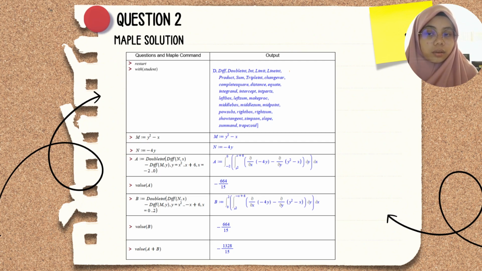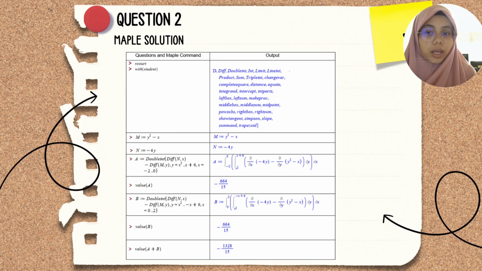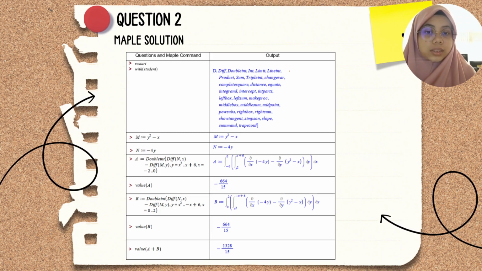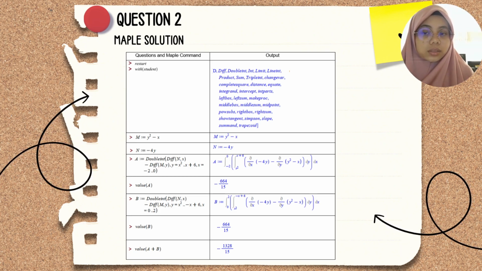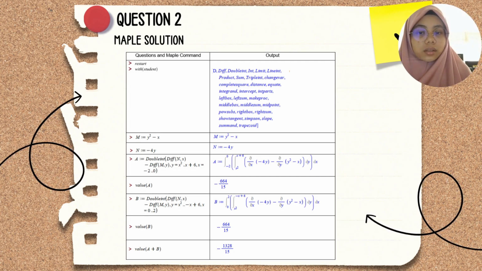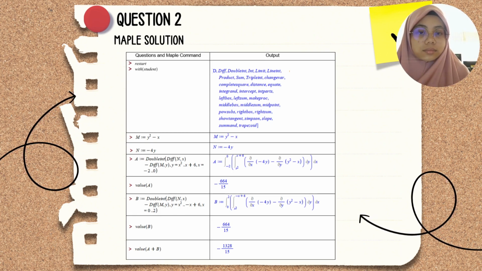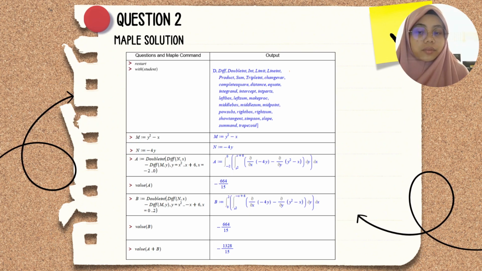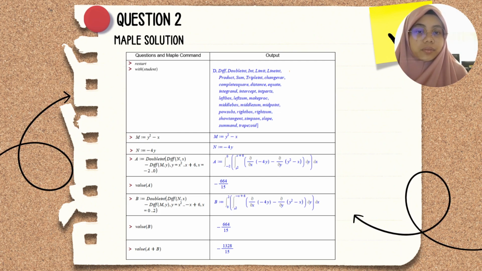After that, we let B equal the same double integral with y equals x squared till negative x plus 6, x equals 0 till 2. Then we get the value of B, which is negative 664 over 15. After that, we add the values of A and B, which is negative 1328 over 15.